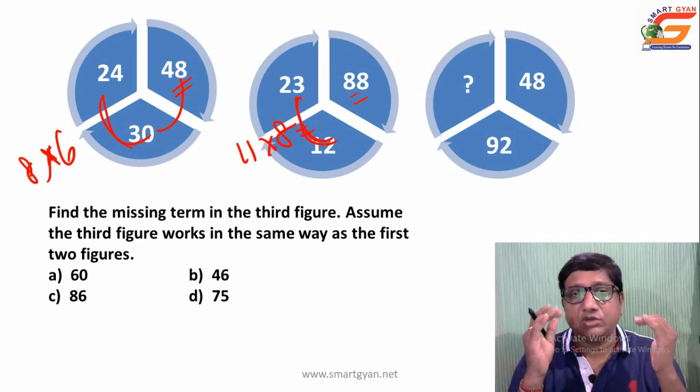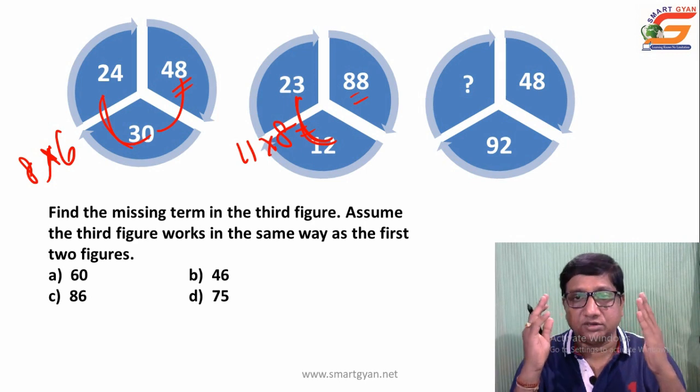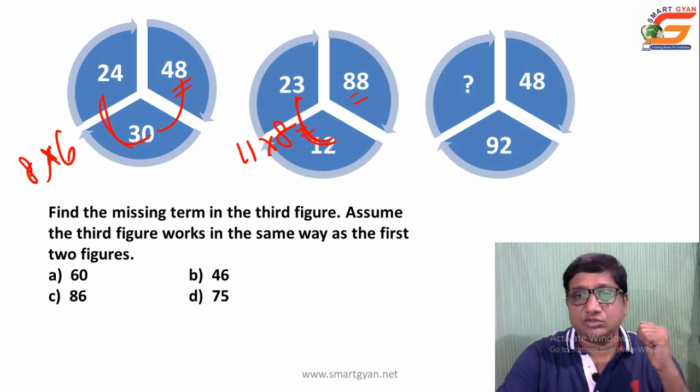When you are not able to reach any solution within time with your basic operations like addition, subtraction, multiplication, division, squaring, cubing, then you have to think beyond. Yes. As we obtained, the difference of these two into 8 is the third figure, then 48 is the resultant figure.